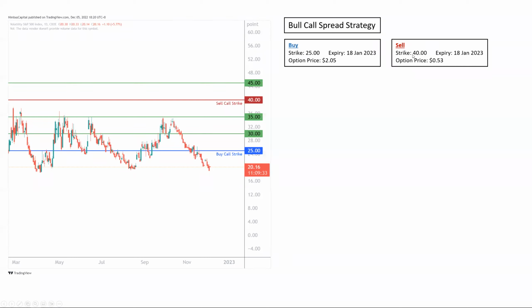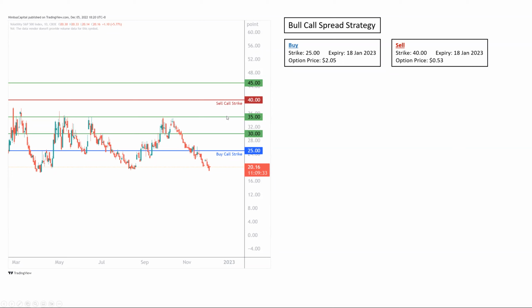So if we sell the call option at strike $40 with the same expiry date, the option price is 53 cents. The reason why the option price is a lot cheaper is because we are selling a strike price that is extremely out of the money, because it is very hard for VIX to hit 40. That's why the option price is very cheap.